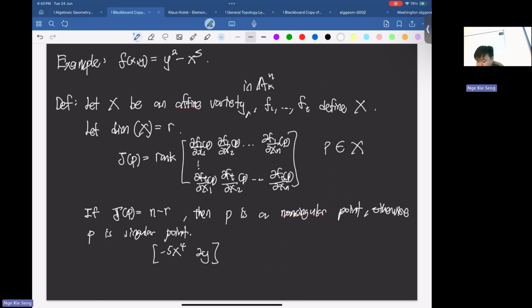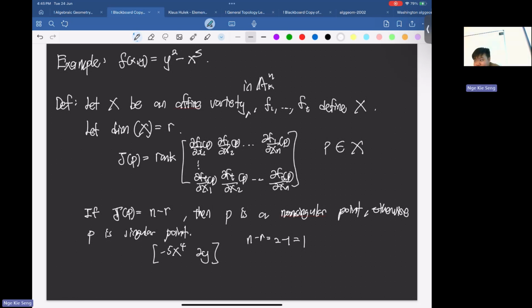What is your n? Your n is 2, and the dimension of the curve is 1, so your r is 1. So n minus r equals 1.